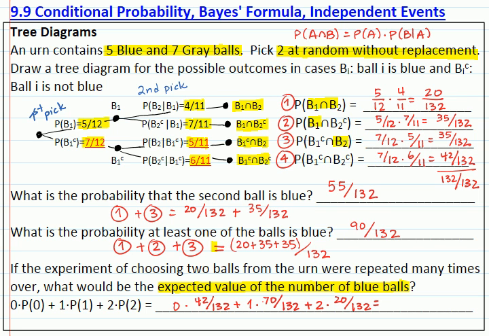So the answer is 70 plus 40 out of 132, or 110 out of 132.